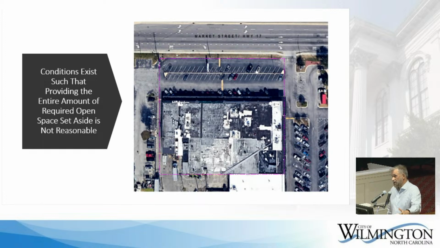As you can see by the satellite image of the site, not only is it entirely covered with impervious surface, it's also tight. There's just not a whole lot of room here. The building on the site immediately adjacent to us at the south is right there on the property line. The improvements on either side are right up to the property lines.